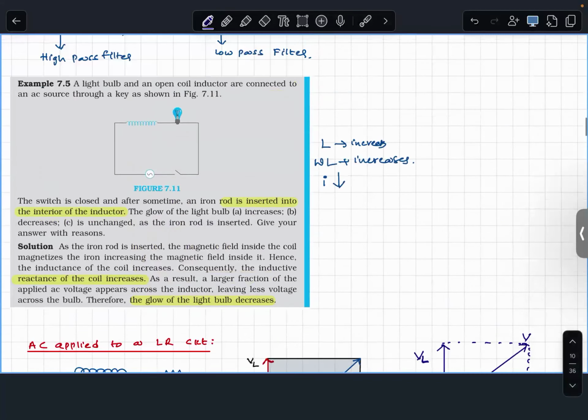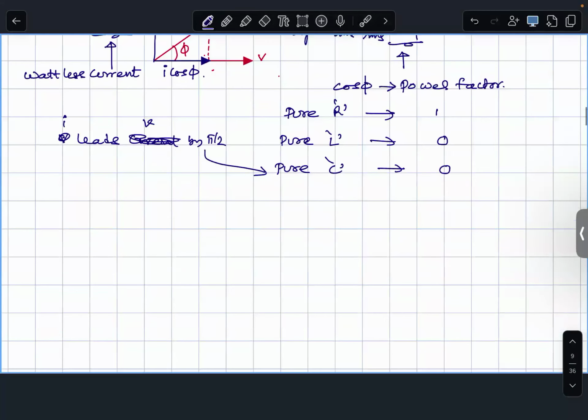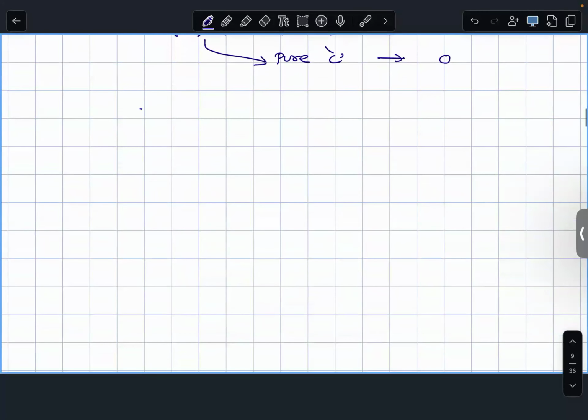For example, you know a complex number Z can be written as A plus JB. We are not using I here because we are using I for the current. So obviously the magnitude of Z is under root A square plus B square.